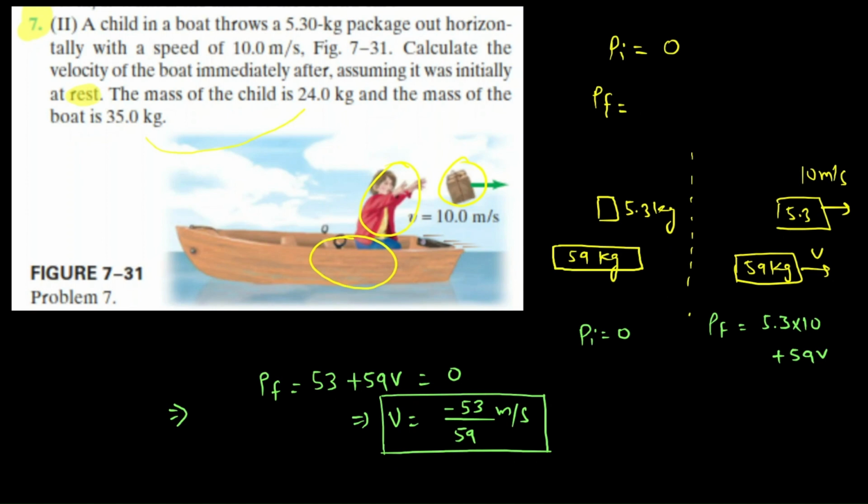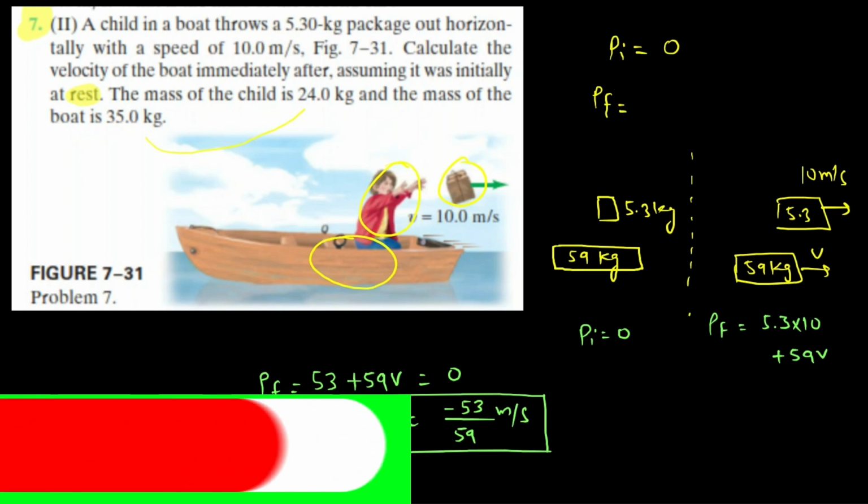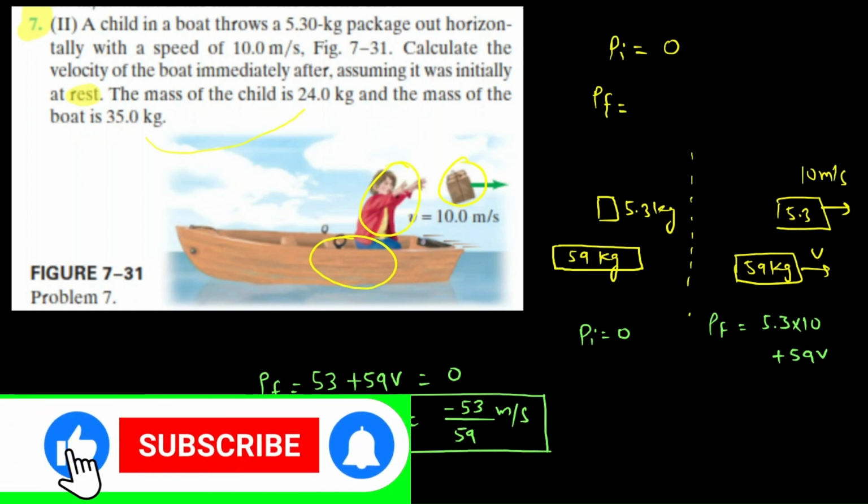I don't want to have anything incorrect over here. Yeah, 53 over 59, that's correct.